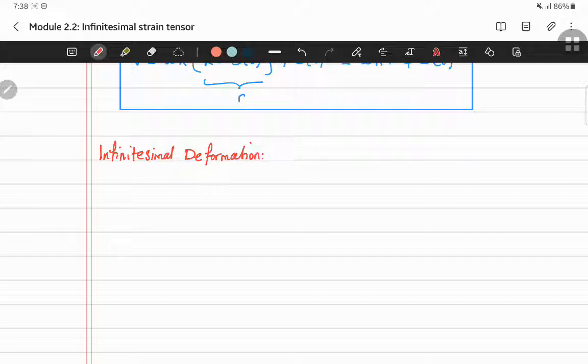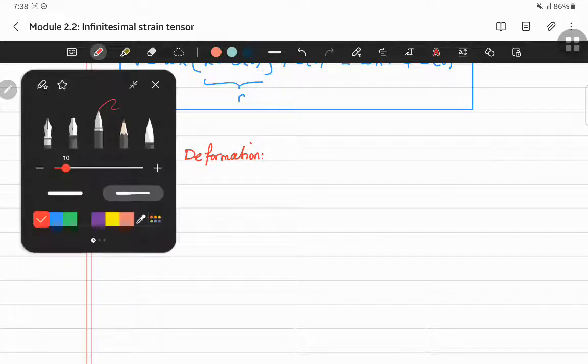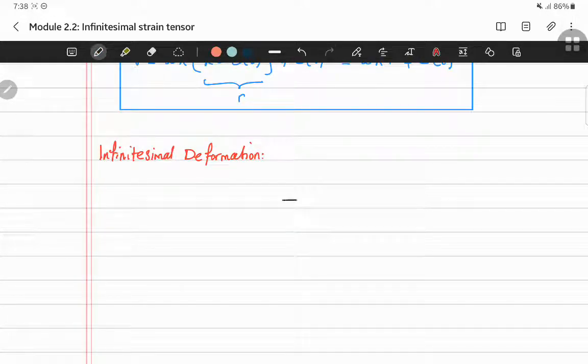And what do we mean by infinitesimal deformation? Suppose that you have a configuration like the one you see in here, and the rotation angle is very small.